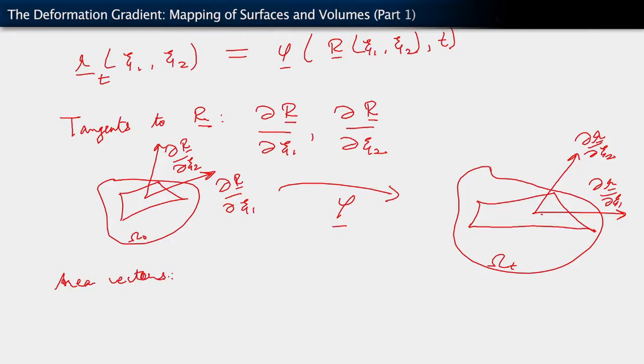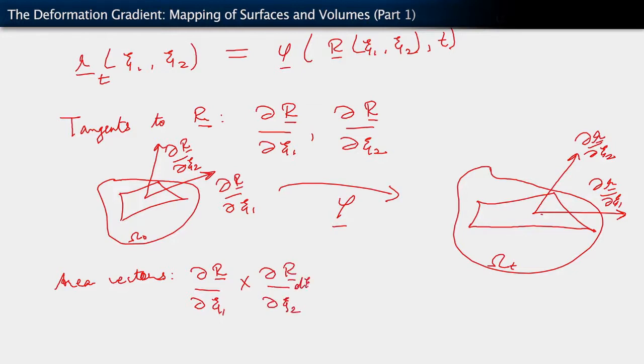And I did allude to the area vector in one of the very early segments when we came across the cross product. And that's what we're going to do, okay? We are going to write out the area vectors as follows. We're going to write out the area vector in the reference configuration, partial of R with respect to C1 cross partial of R with respect to C2, okay?